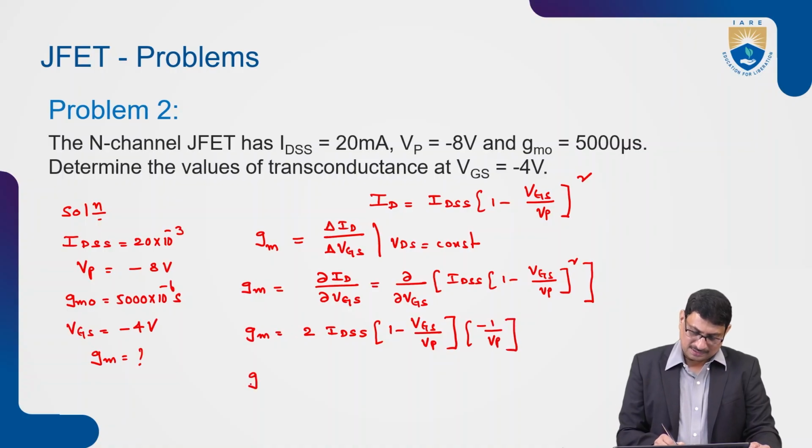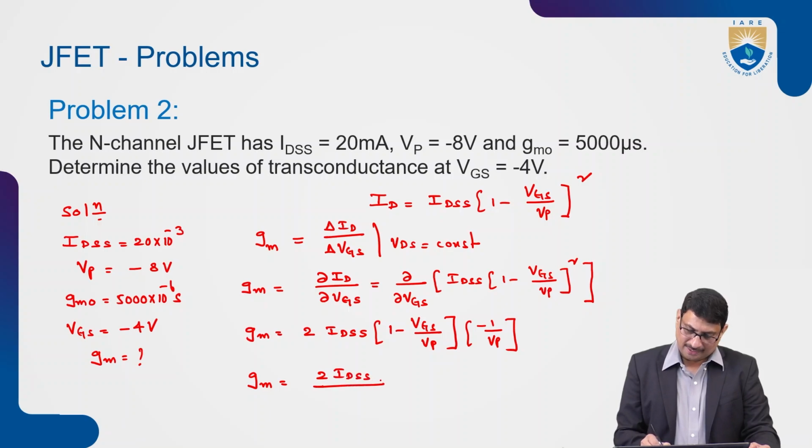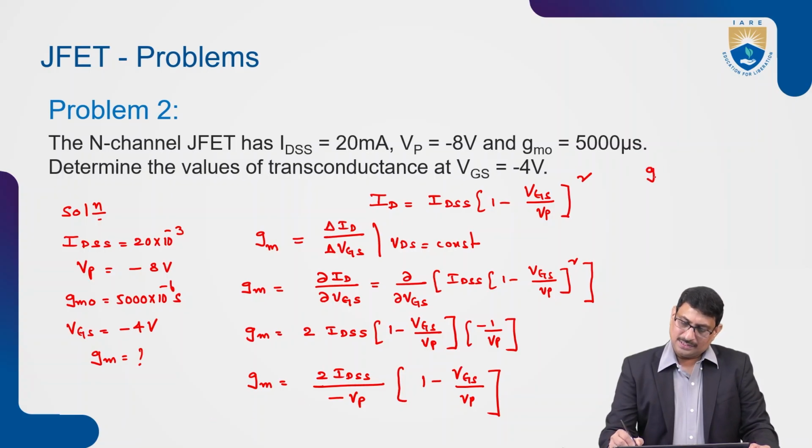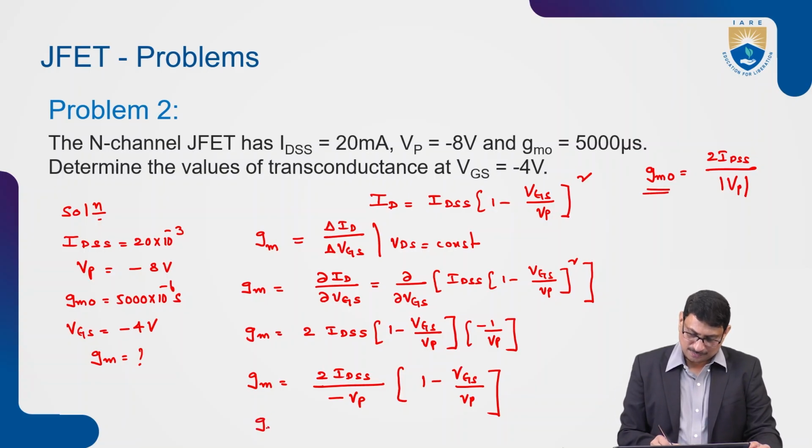So I can write GM equal to 2 IDSS divided by minus VP into 1 minus VGS divided by VP. Here I will consider 2 IDSS divided by the magnitude of VP as GMO. Therefore, this expression I can write as GM equal to GM naught into 1 minus VGS divided by VP.